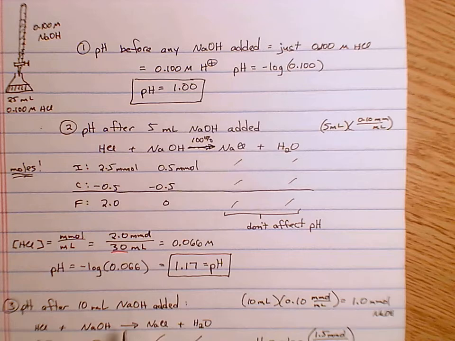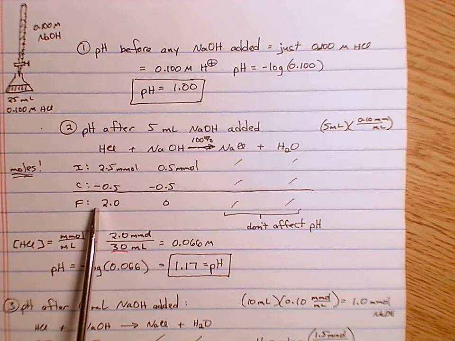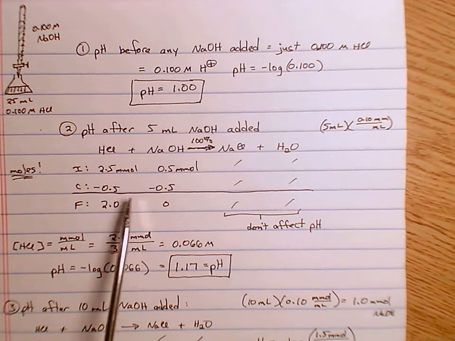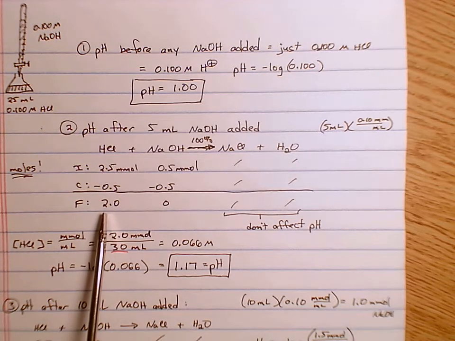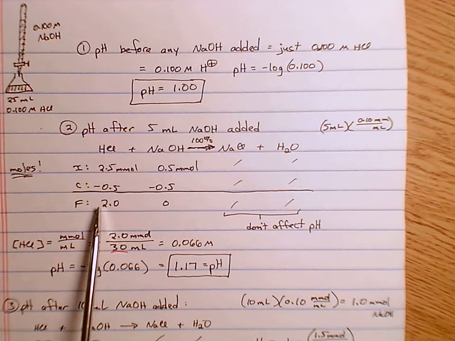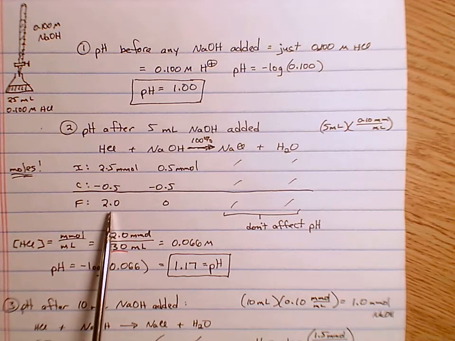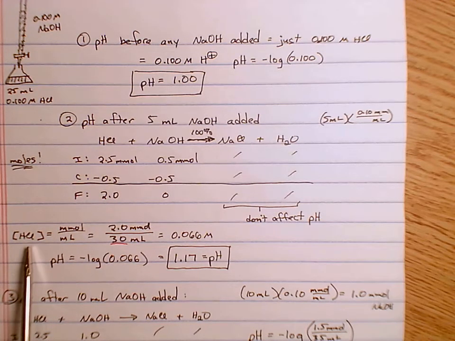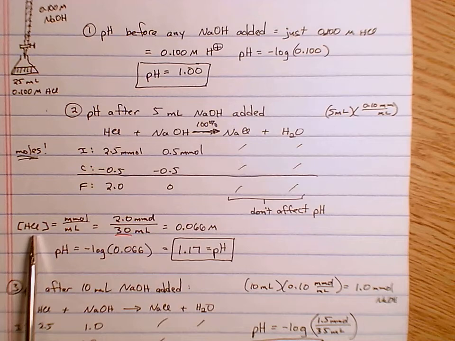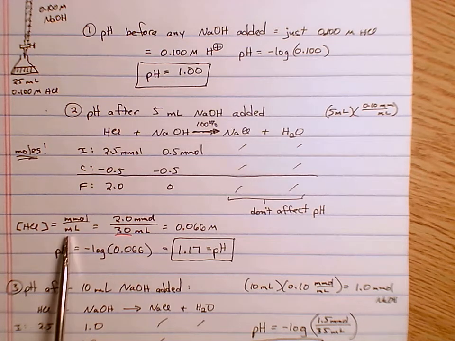So, well, the problem is if we want the pH, we know pH is a negative log of the concentration of H+. This is HCl, it'll dissociate 100%. But this is moles, or millimoles. This is millimoles of HCl. I need to convert those millimoles into molarity. Well, I know my concentration of HCl is millimoles per milliliter.